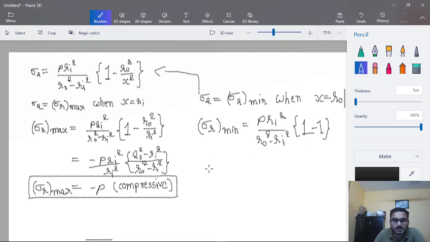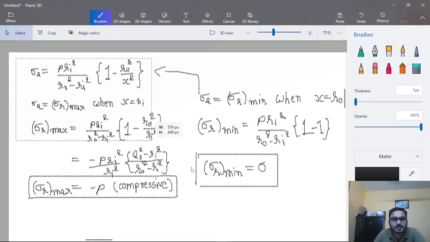So this will go as 0, is equal to 0. So I hope you are getting this. Now we can copy this part.